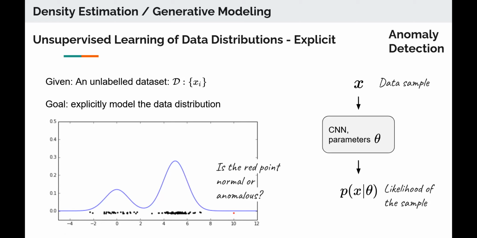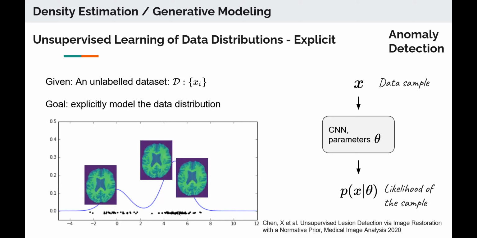Meaning, is it like the images that we saw during training, or is it different from those images? What we could do is evaluate this function at that point. And if we get a low value, then we say, okay, this point does not look like the points that I saw during training.